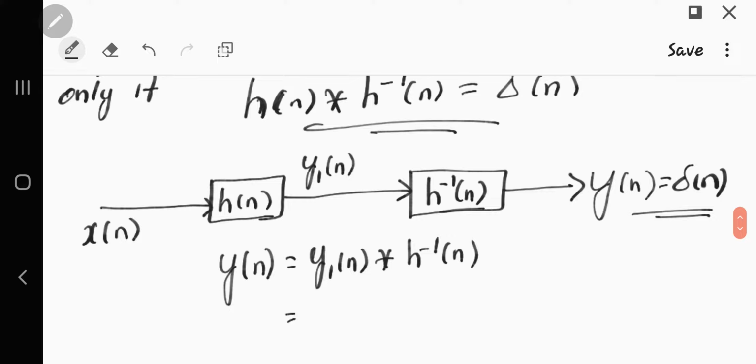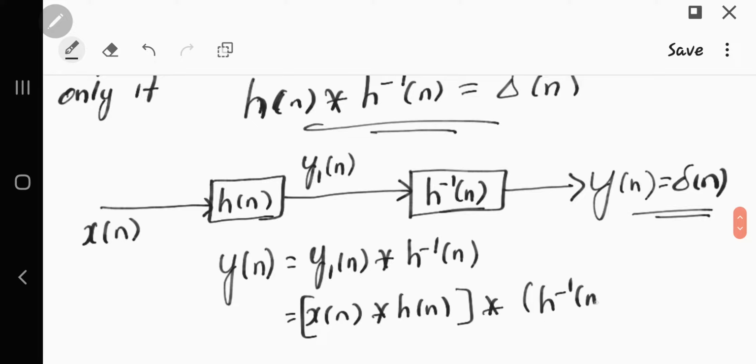And what is y1 of n? It is the convolution of x of n and h of n. So these two are convolved with h inverse of n here.